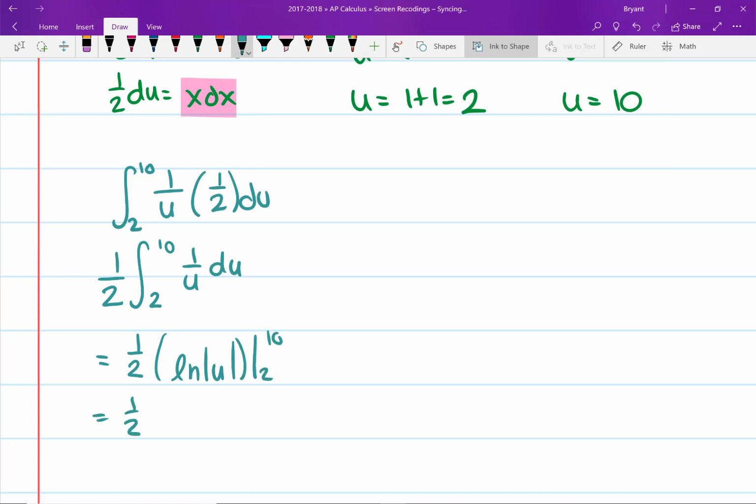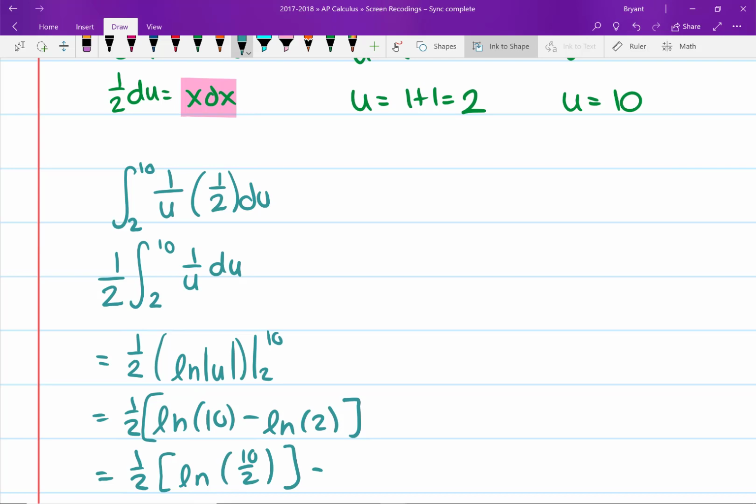So this is 1/2 times ln 10 minus ln of 2, which is 1/2 times the ln of 10 over 2, which is going to give me 1/2 times ln of 5. And if you put that in a calculator, you get that as about 0.804, again truncating at the third decimal place.